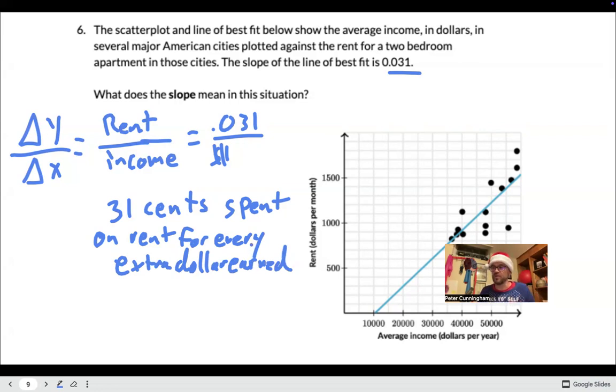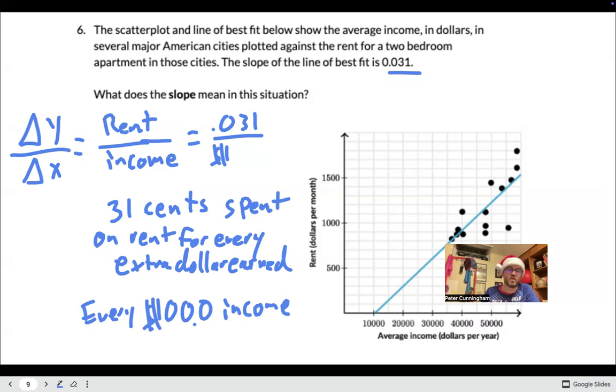You could multiply these out by 100, and you'd say for every $100 more you're making, you'll spend $3 more in rent, or for every $1,000 in income, rent goes up approximately $31.